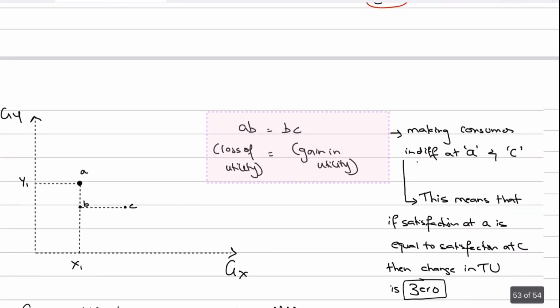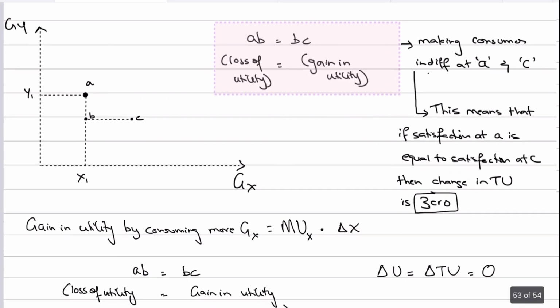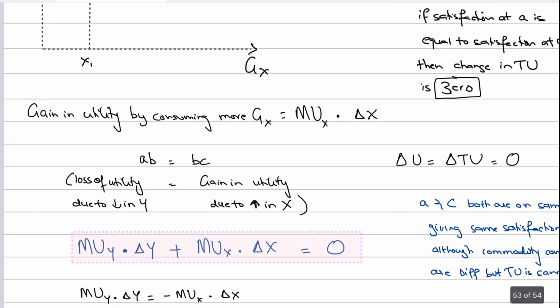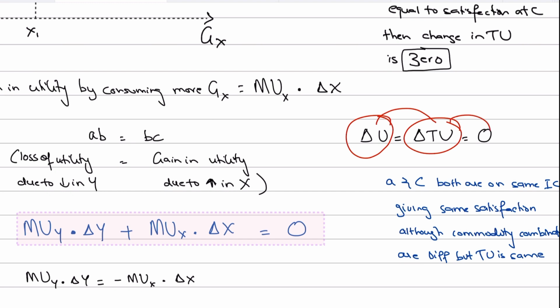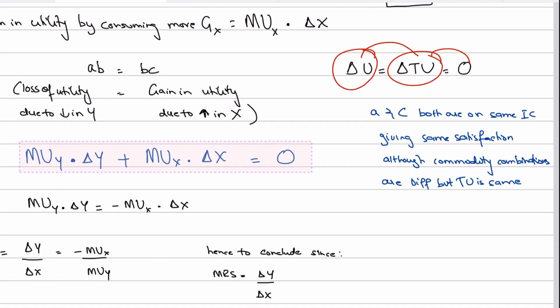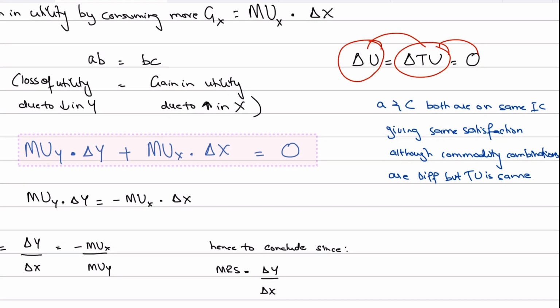And if there's exactly no change in total utility, then what I could say is that the change in utility, which is the change in total utility, is zero, because combination A and combination C are giving the same level of satisfaction.